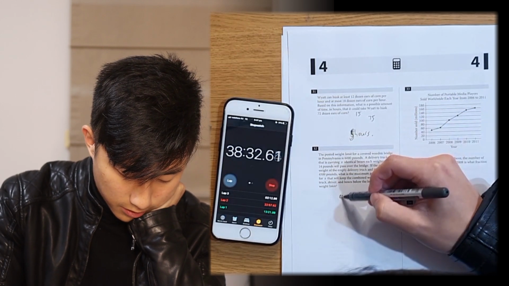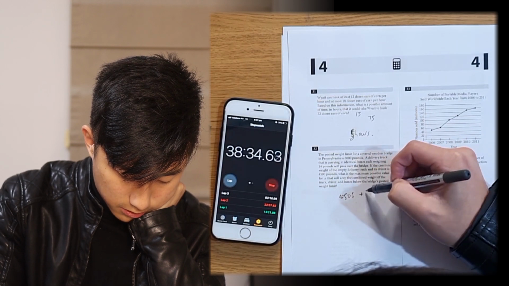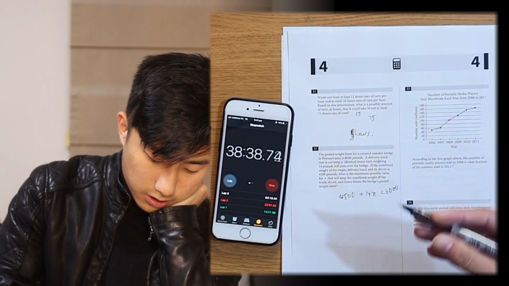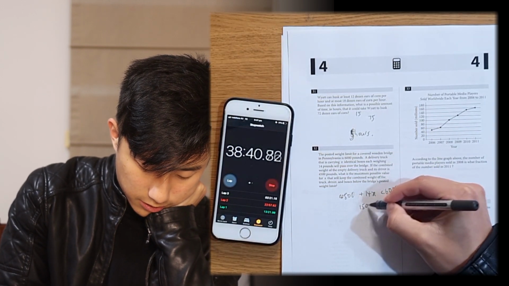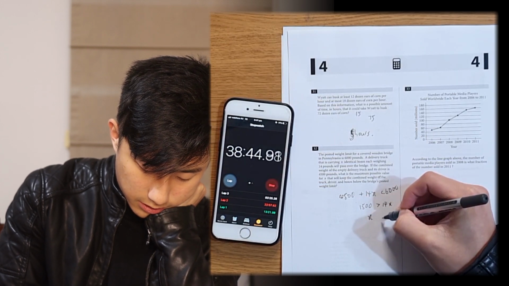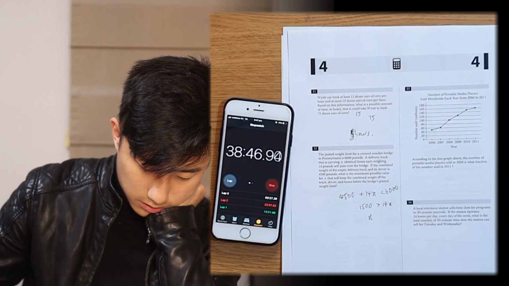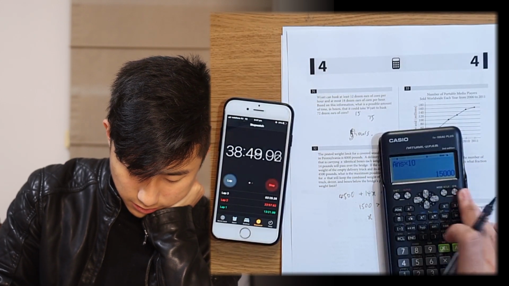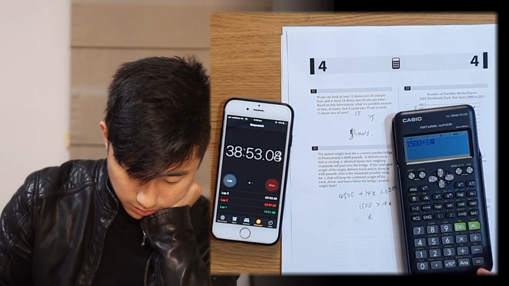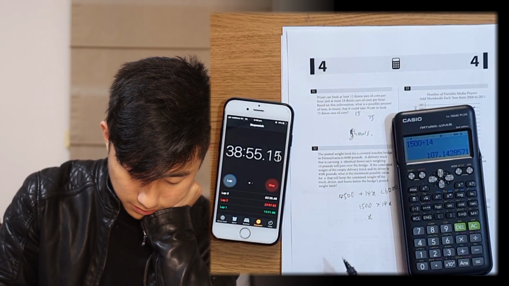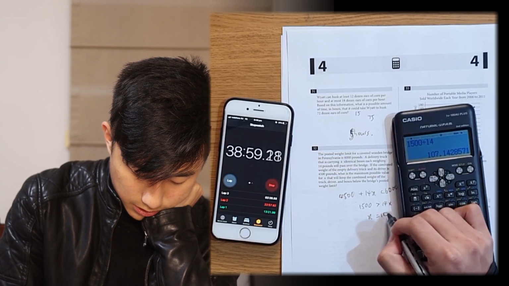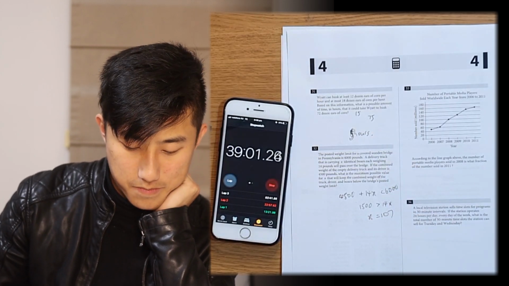Okay, so 4500 plus 14x is less than 6,000. So 1500 is greater than 14x. This is the calculator section, right? So just do 1500 divided by 14, which is 107 point something. So x can be 107 at the maximum.